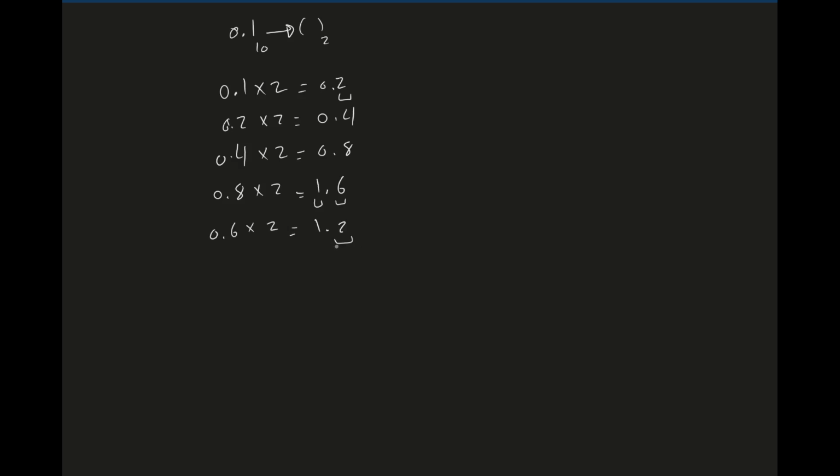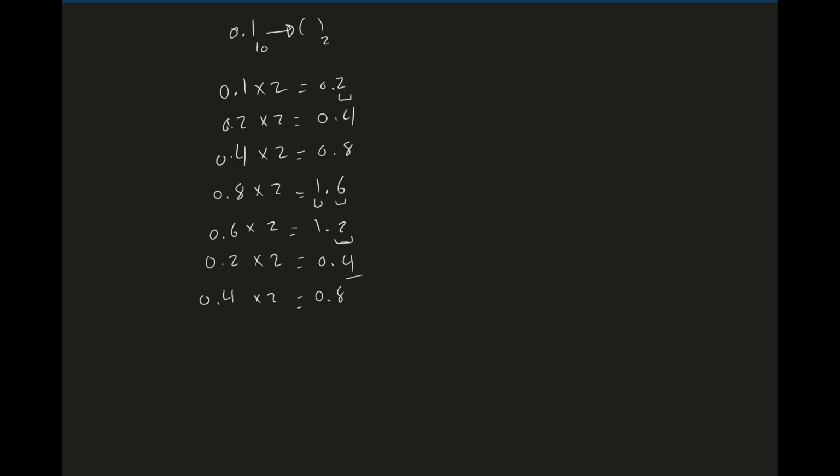Now if you notice, my fraction now is actually the 0.2 again, and if I take 0.2 multiply by 2, I get 0.4. 0.4 times 2, that's 0.8, and so on. So now you can see I'm going to repeat through another cycle.